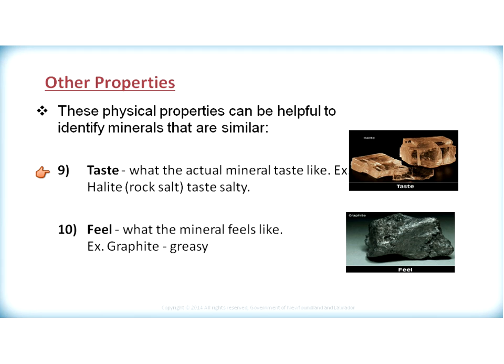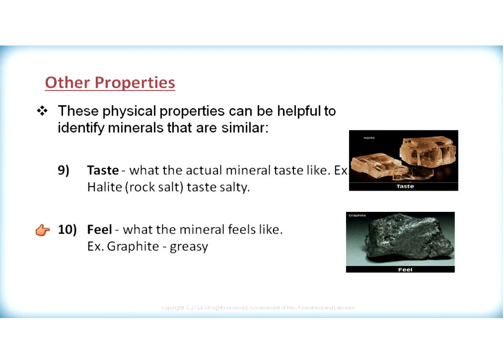For example, in the last slide, we saw that halite looked a lot like calcite. So if you, under very careful supervision, had tasted the halite, it would have a salty taste. So we could use taste to identify halite.